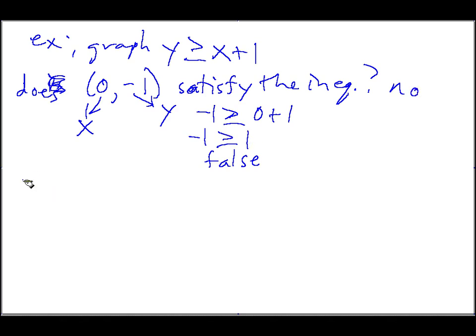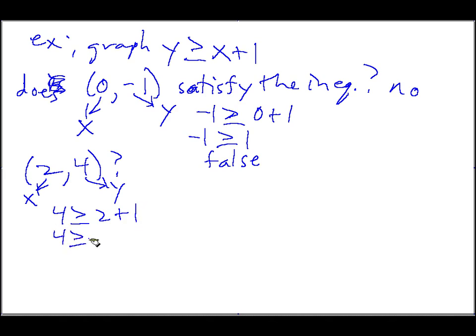How about another one? How about the point 2, 4? Does this point satisfy this inequality? Again, let's check that. Plug in 2 for x and 4 for y into this inequality. So 4 for y greater than or equal to 2 for x, 2 plus 1.